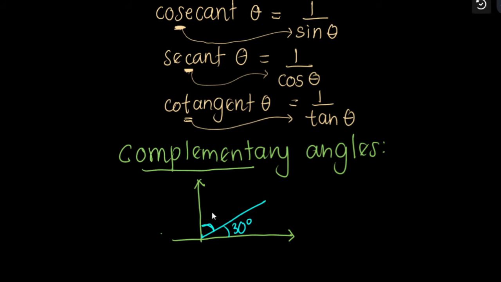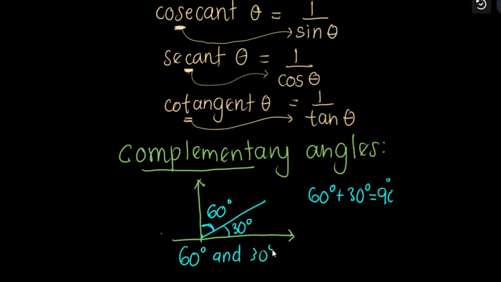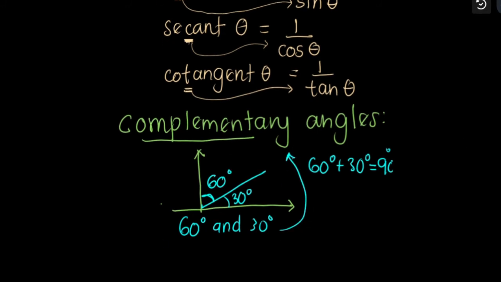What will be my balance? My balance will be 60, because 60 plus 30 gives 90. Now these 60 and 30 are called complementary angles. They complement each other, because when you add them, you must get 90. That's what complementary angle means.